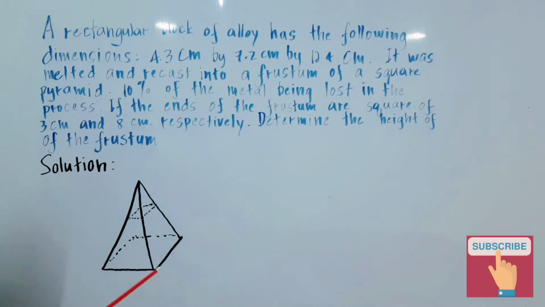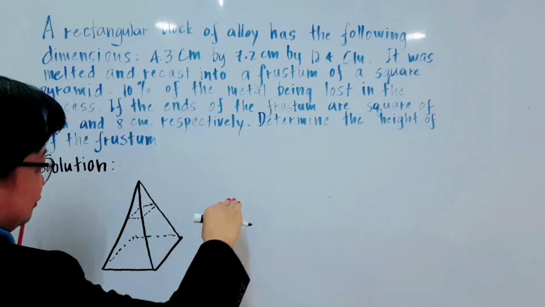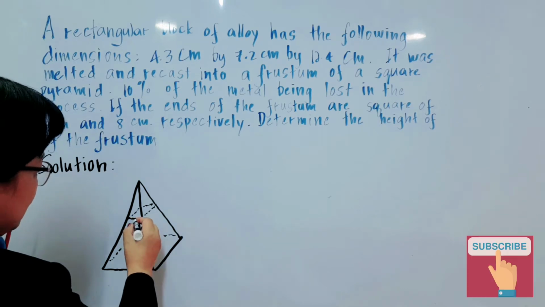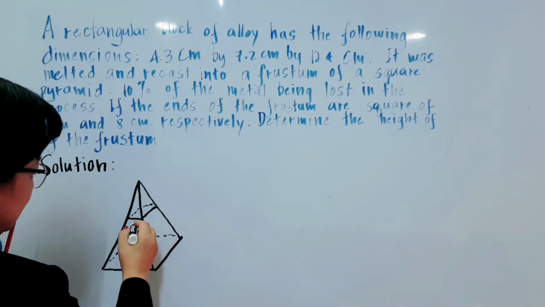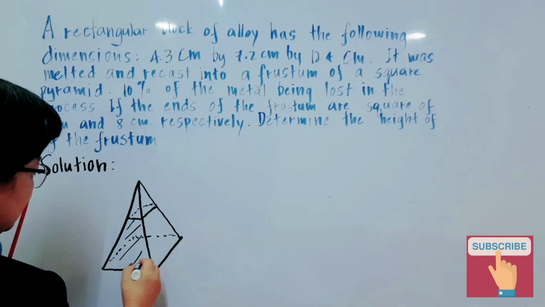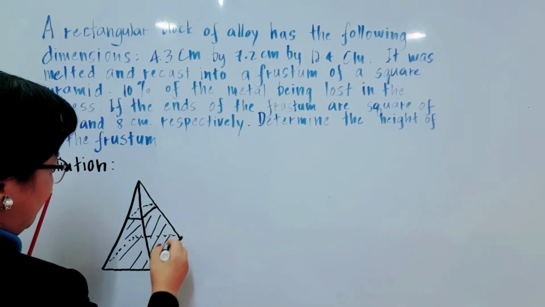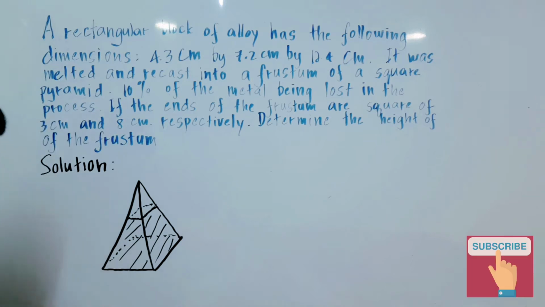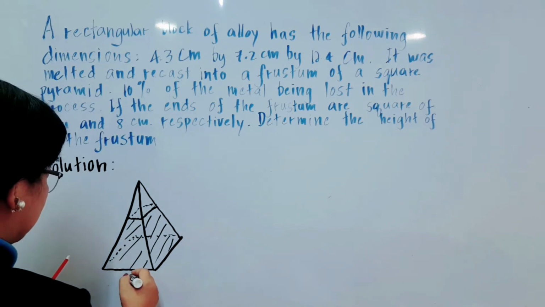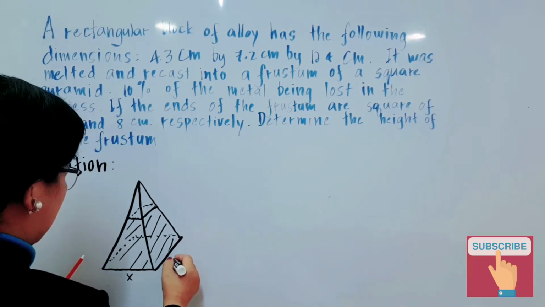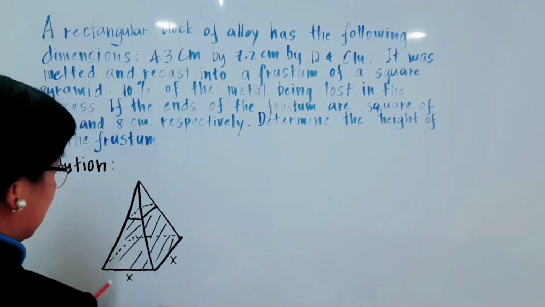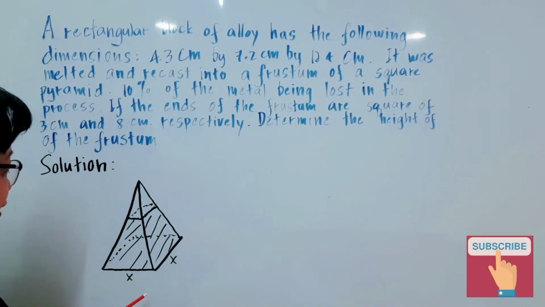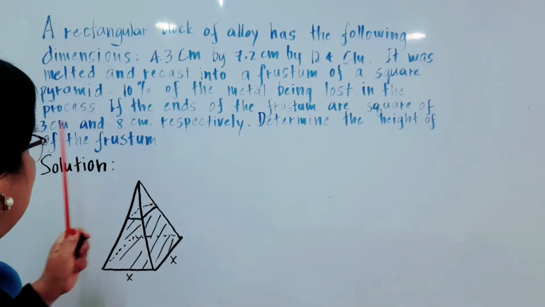That means if you cut the pyramid horizontally, this part here is the so-called frustum of a square pyramid. Square because this side we designate as X and X, because the base is square. That's why they call it a frustum of a square pyramid.